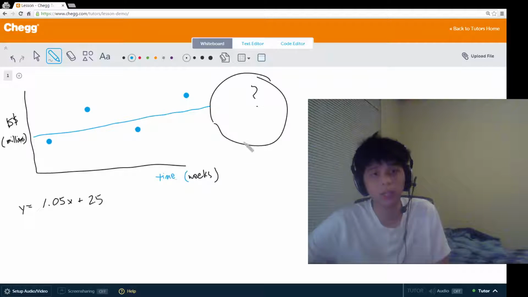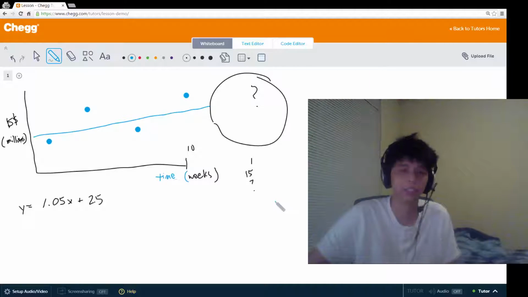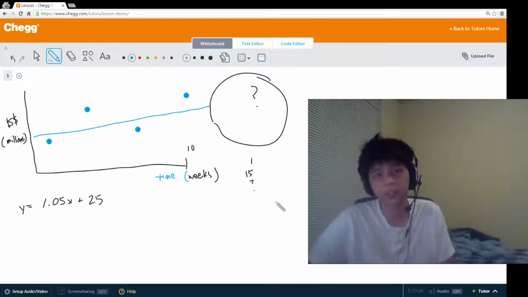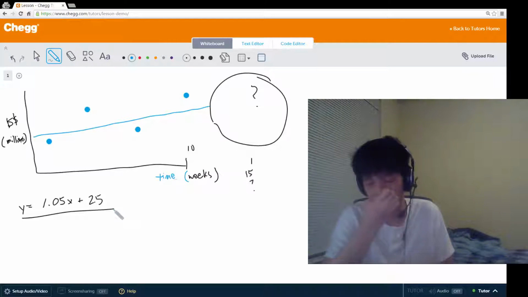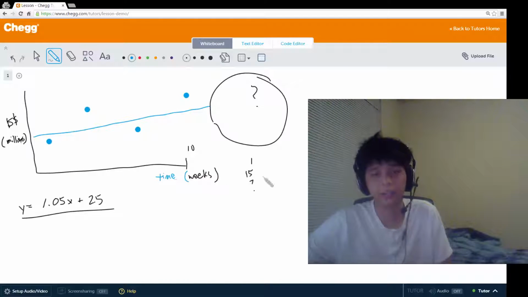Let's say that this last data point corresponds to week 10, but we want to know what happens at week 15. Let's say you're a financial analyst and your boss wants you to predict, based on the previous data set, what's going to happen to the price of the stock in week 15. So you use your handy dandy linear regression model, and you plug in 15 for your x.